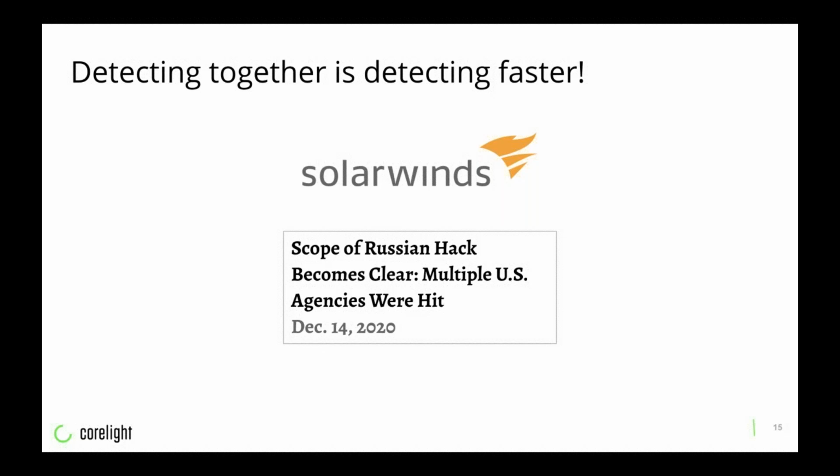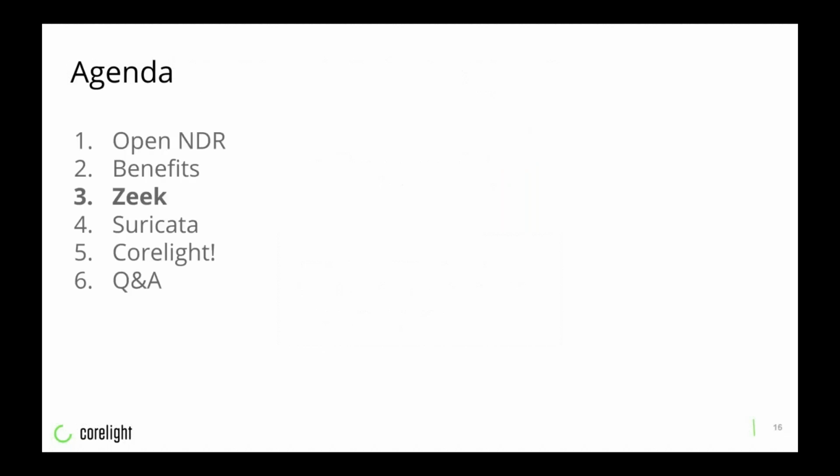Hours to get a free detection script that you could run in your environment to look for that zero-day and get back to your boss saying, yep, we've searched our environment. We don't have this that we can find in the last 6 months, so we can close this, right? That's the power. So let's talk a little bit about Zeek, a little bit about Suricata, and then a little bit about Corelight, and then we'll wrap it up.